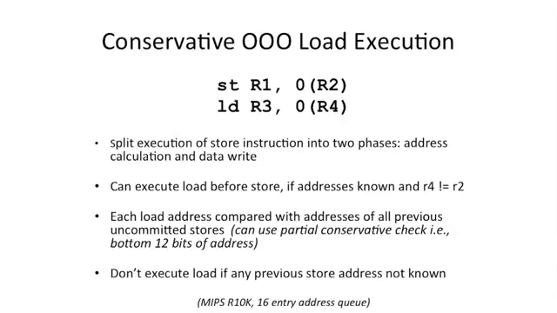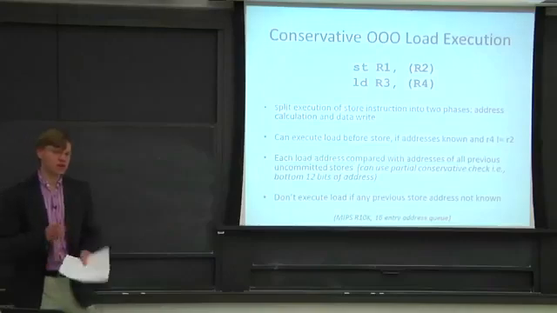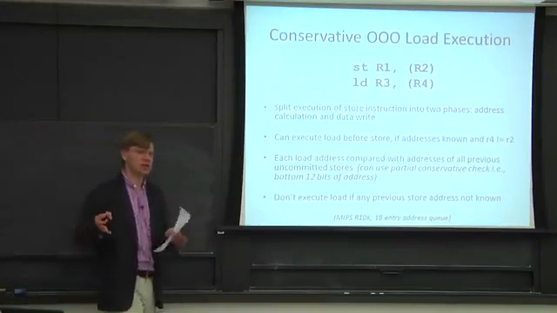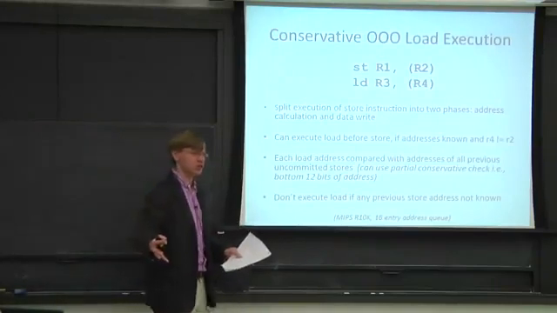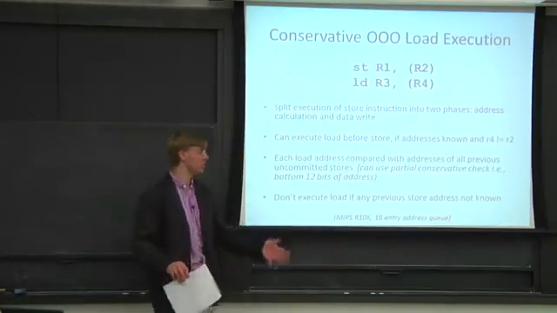By doing this, because we did the address computation early, we can know that the subsequent load is not going to alias, or we know that R4 is not going to be equal to R2. And we can go execute the load before the store in this case by splitting the store into two different parts, the actual store portion and the address computation.